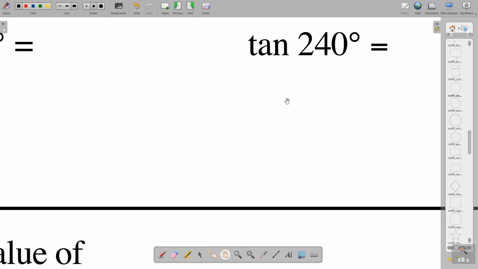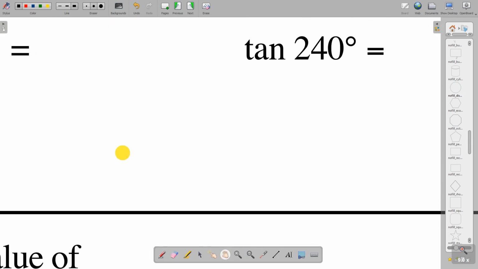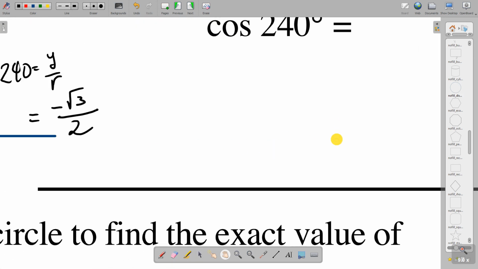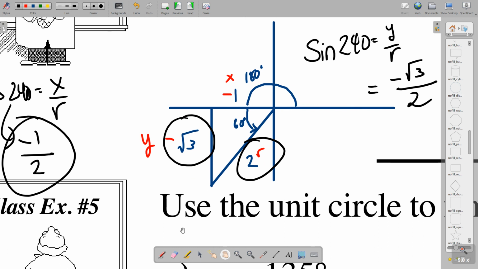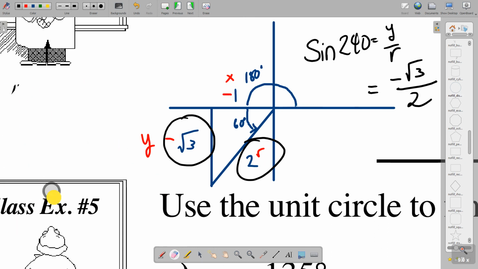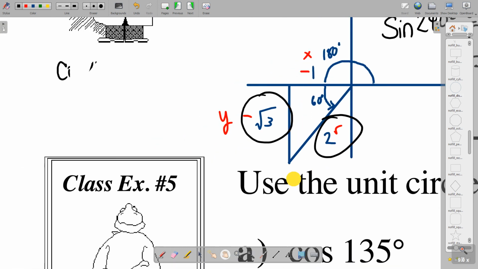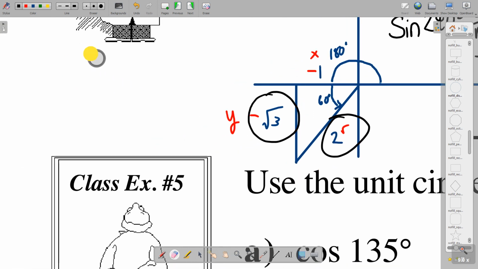Whoa. Tan 240. I don't need to draw it 3 times because I can see all 3 trig ratios visibly. Let me just do an erasing back here. Okay. Tangent, the definition. Let me just move over a little bit more space. The tangent of 240.